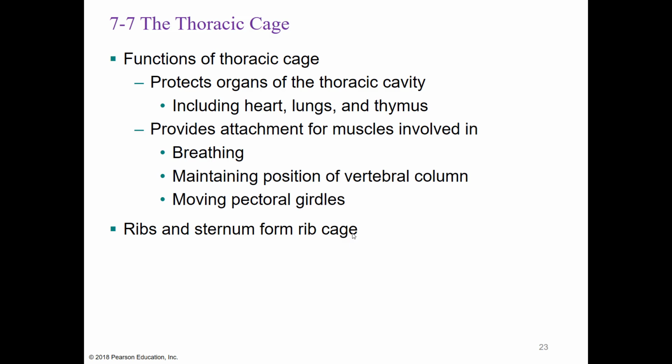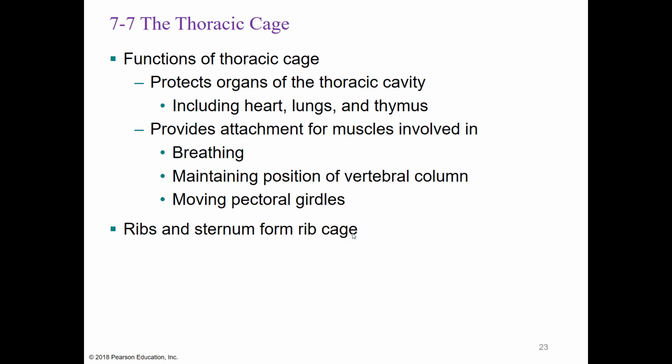It also allows for muscle attachment involved in breathing, keeping the position of the vertebral column, and moving pectoral girdles. Now we haven't talked about pectoral girdles yet, but we will shortly when we get to chapter 8. But the pectoral girdles are your shoulder girdles, or the bones that attach your arms to the rest of your body, or to your core. So we'll go over those.